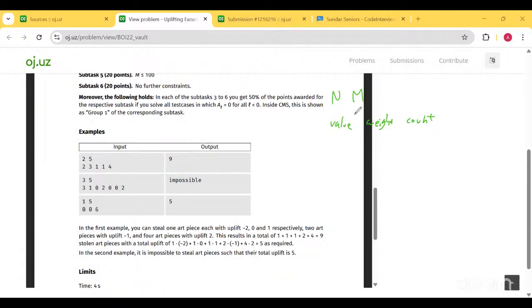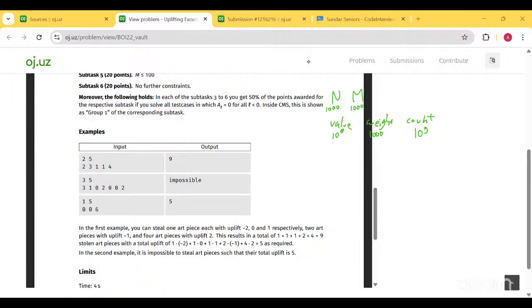Do you know how to solve it? For example, M is up to 1,000, N is up to 1,000. Value can be a billion, the weight is up to 1,000, and the count is up to a billion. How to solve it?